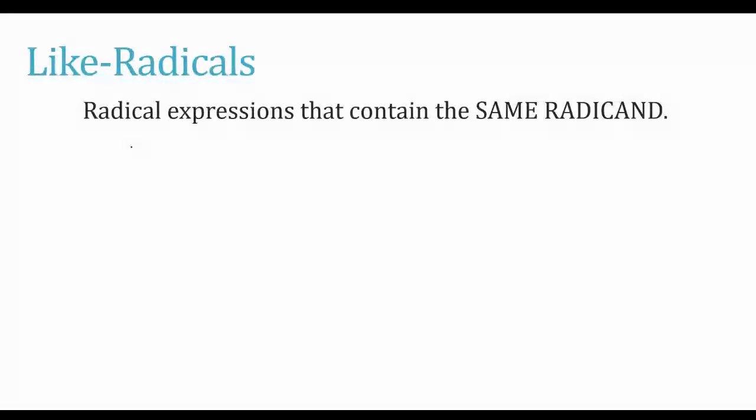So before we can start adding radicals, we're going to talk about like radicals. Just like like terms, there are like radicals. These are radical expressions that contain the same radicand. Remember, a radicand is the number underneath the radical symbol. An example of like radicals are 4 radical 2 and negative 10 radical 2. These are like radicals because they both have that 2 as a radicand under the radical symbol.